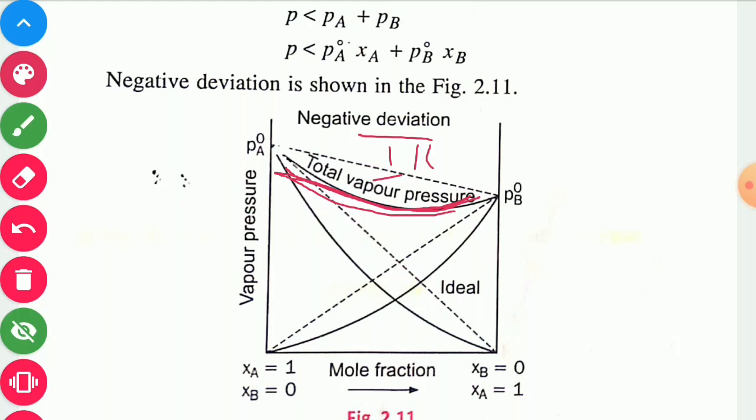And below line number second, the bold line indicates the negative deviation of one of the components of the solution, and under line number first, the bold line also indicates the partial pressure of one of the components which shows negative deviation from ideal behavior.